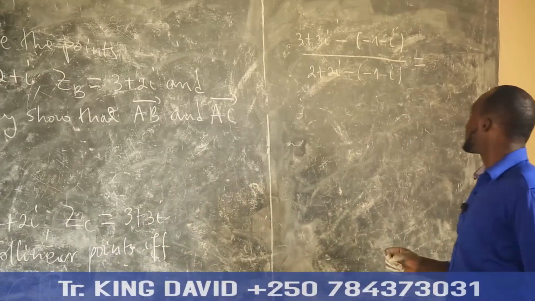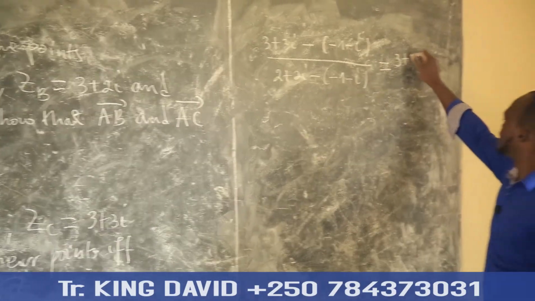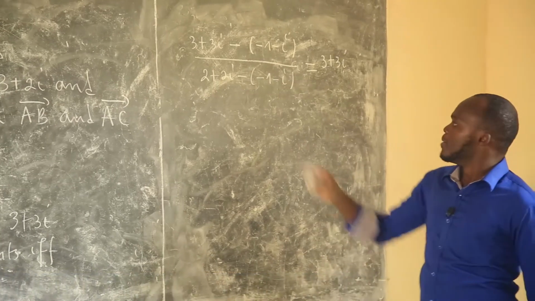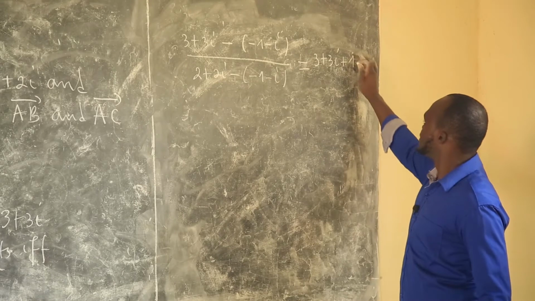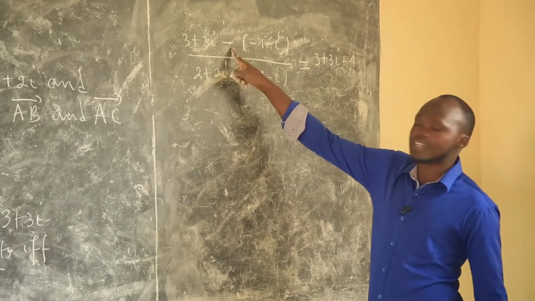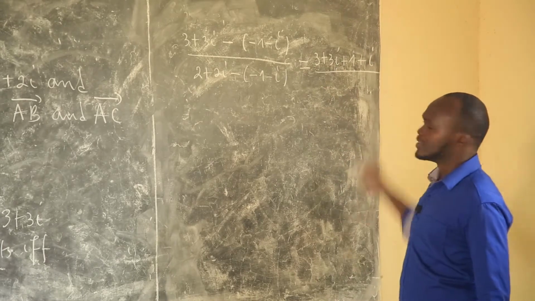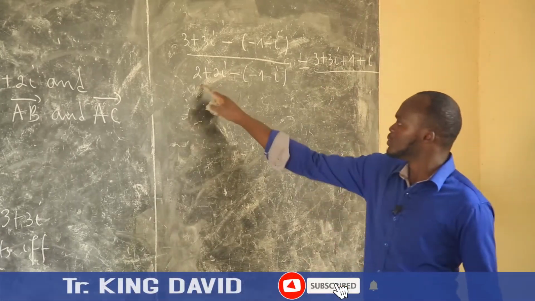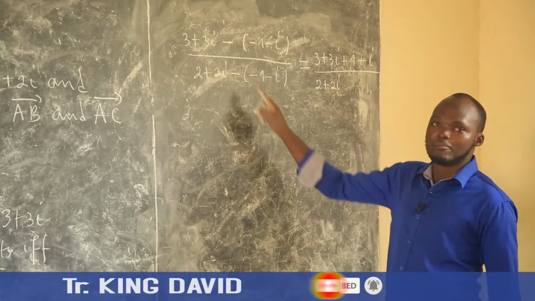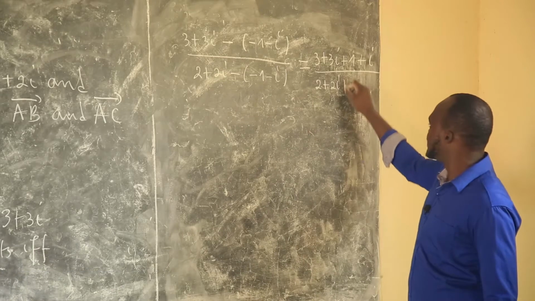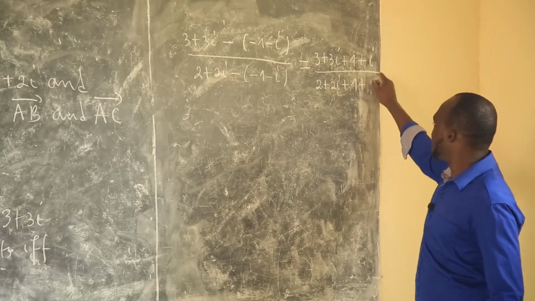So now the answer is 3 plus 3i, minus minus becomes positive, that is 1, then minus minus i, that is positive i, divided by 2 plus 2i, then minus minus 1, that is positive 1, then minus minus, that is positive i.